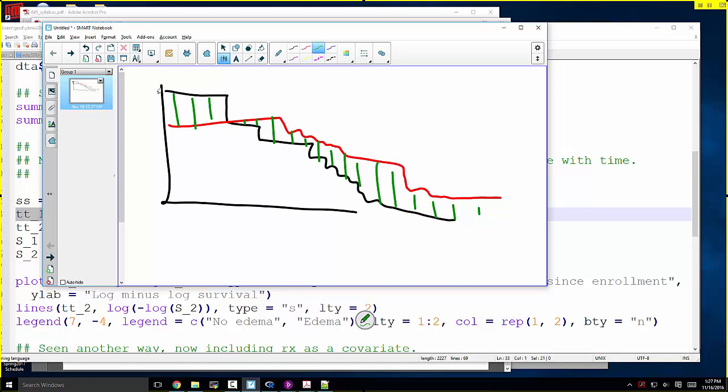If you tell me time points that you want estimated probabilities for, like all those green tick marks, we could go into the output and figure out what is the estimated survival at each of those times, according to each of these survival curves. I just didn't have time to finish the code, but it can be done. So if we have time, I'll show you how to do that maybe Friday.